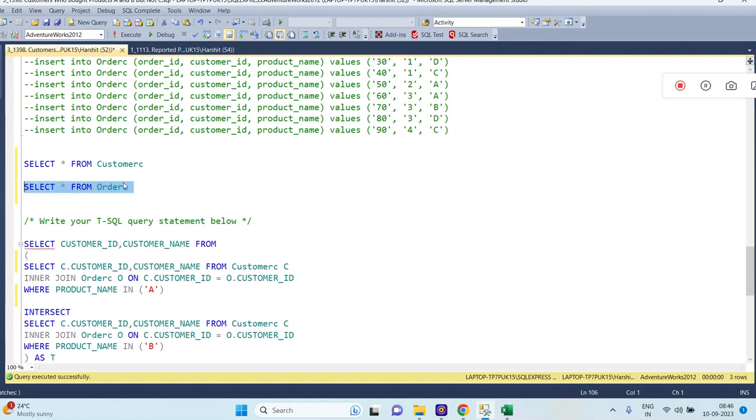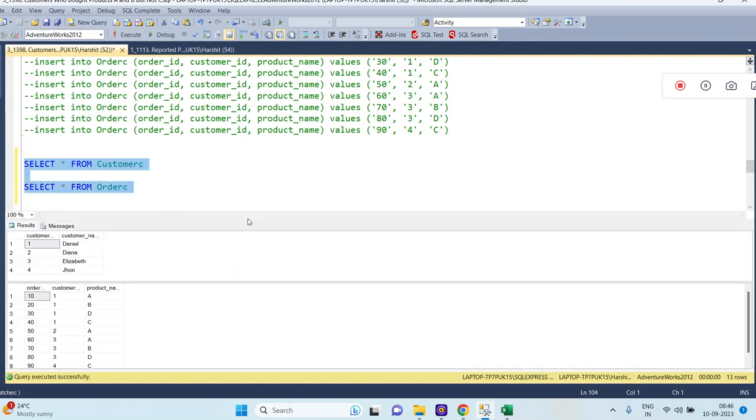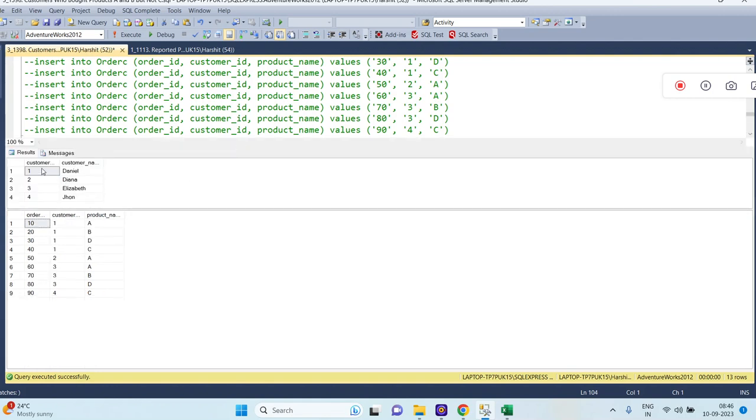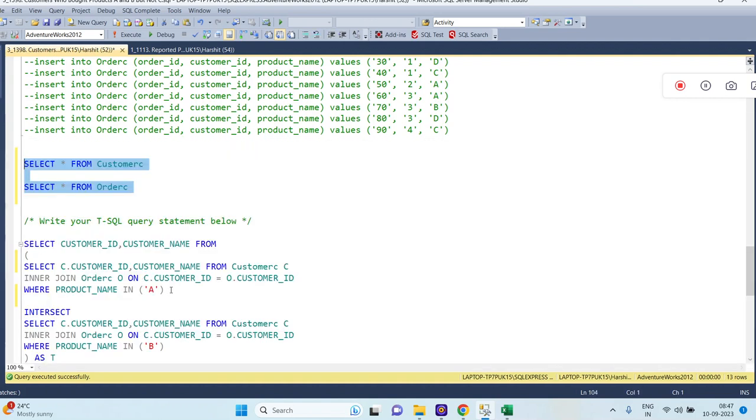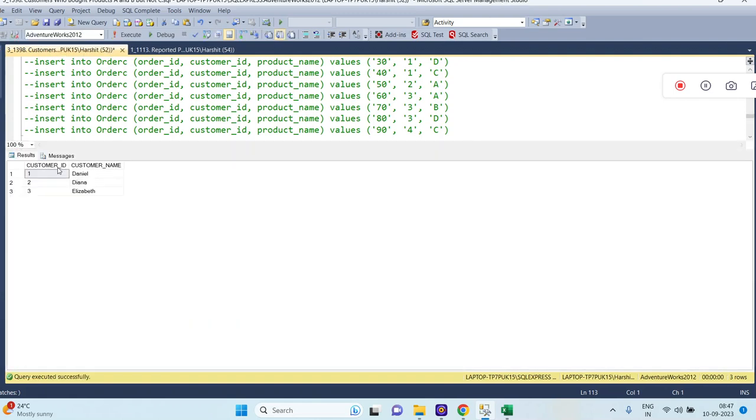Now if you see both of these tables, customer ID 1 has purchased product A, customer ID 2 has purchased product A, and customer ID 3 has also purchased product A. That is given by this query: 1, 2, 3.